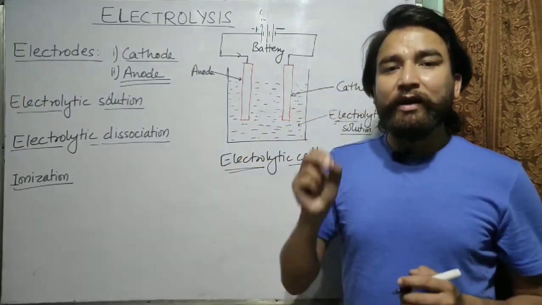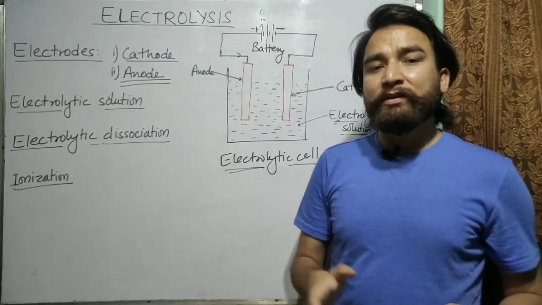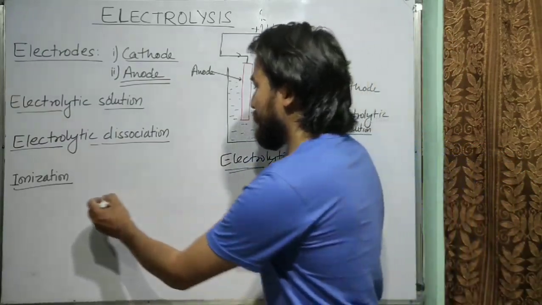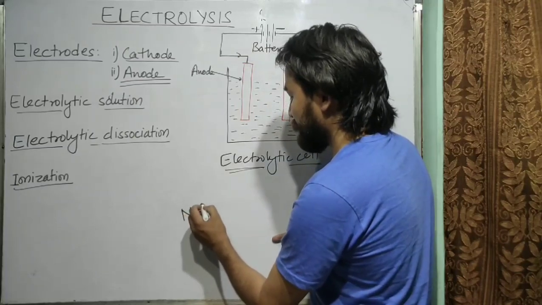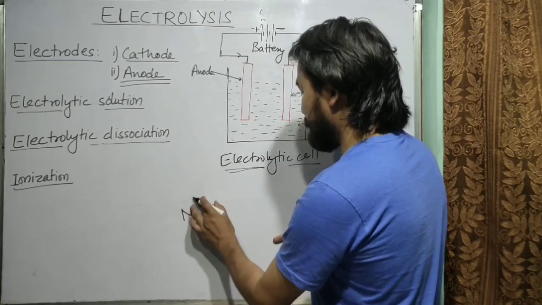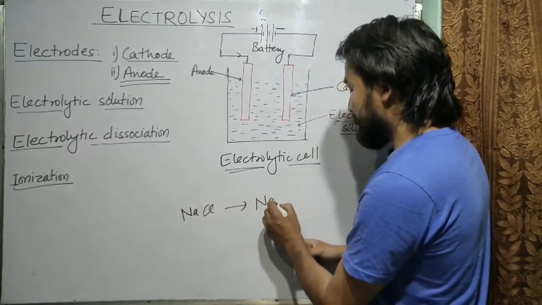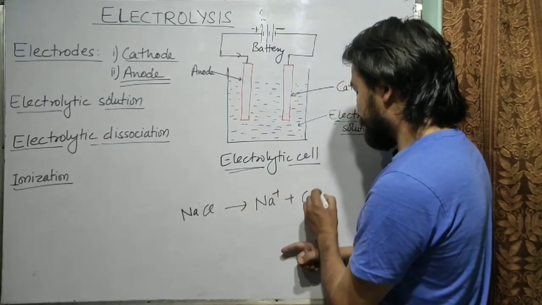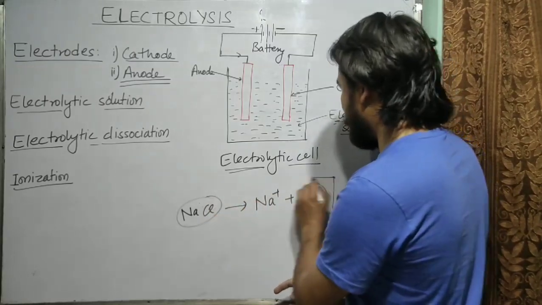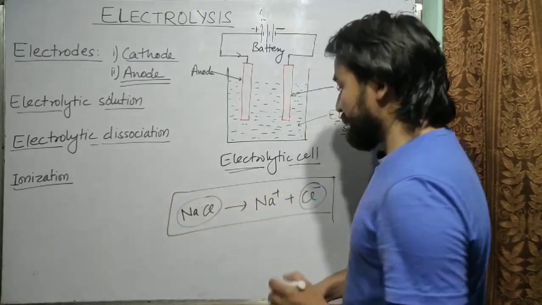So when an ionic compound is dissolved in water, what happens? The ionic compound consists of ions, and these ions start separating from each other. So this process is called electrolytic dissociation.